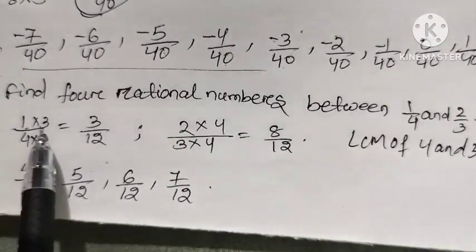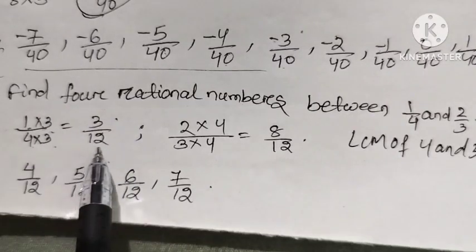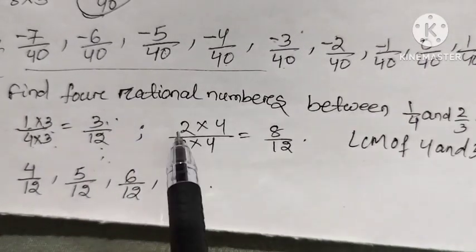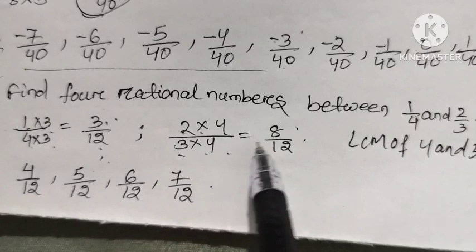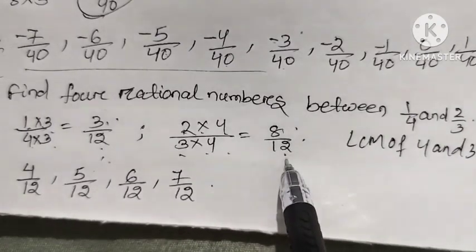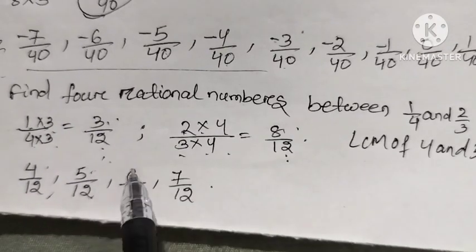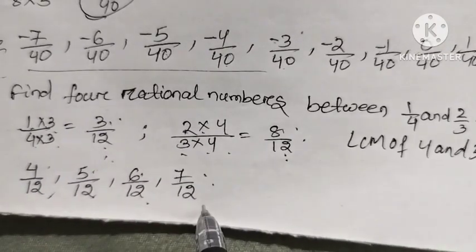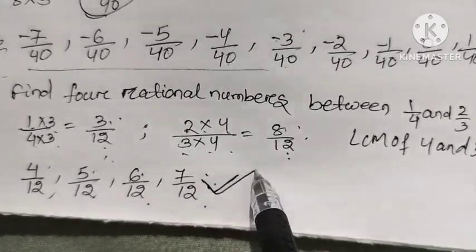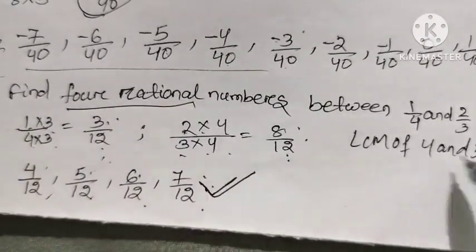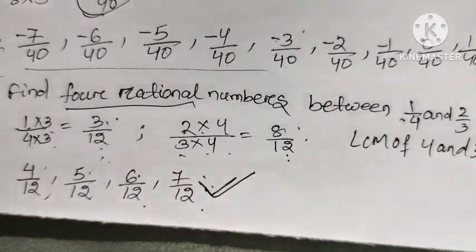Then 1 into 3, 4 into 3, it is 3 by 12, and 2 into 4 is 8, 3 into 4 is 12, so 8 by 12. Then the next rational numbers are 4 by 12, 5 by 12, 6 by 12, 7 by 12. Yes, these are the 4 rational numbers between 1 by 4 and 2 by 3.